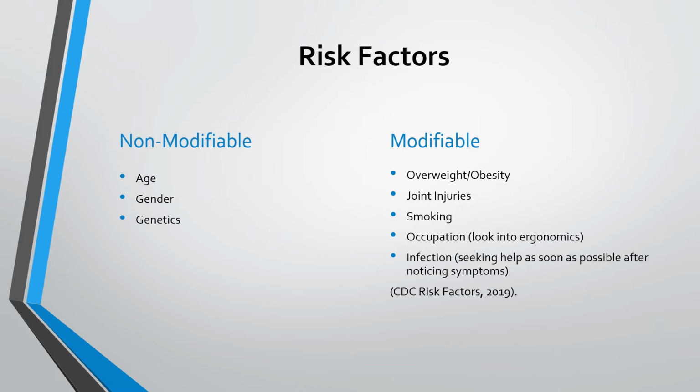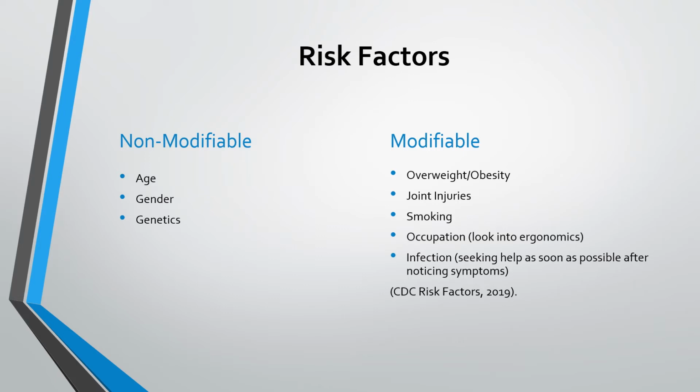So what's important to remember with risk factors is that some you can change and some you can't. So for the non-modifiable risk factors, it's just important to be aware of them. So for age, as you get older, you have an increased risk of developing arthritis.